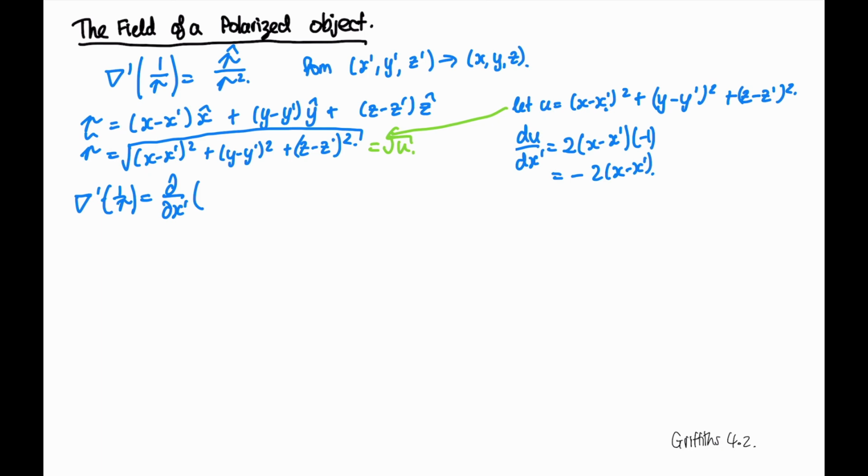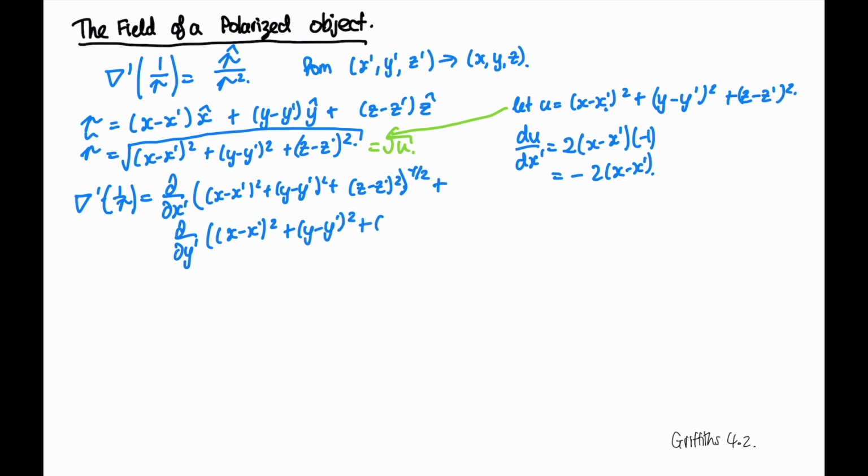So this is going to be d dx prime of x minus x prime squared plus y minus y prime squared plus z minus z prime squared, all to the minus a half, plus we'll have d dy prime of the same thing, plus d dz prime of the same thing.